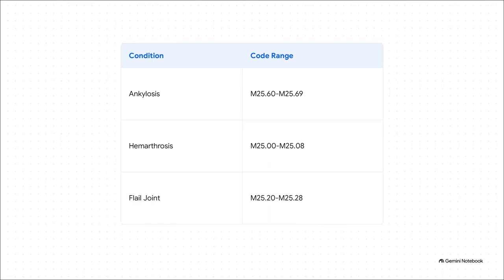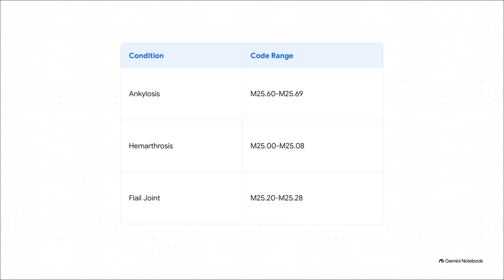Feel free to screenshot this mapping because it perfectly connects severe joint conditions to their exact M code ranges. First up, ankylosis, coded in M25.60 to M25.69. This is that severe stiffening and actual bony or fibrous fusion across a joint space, often secondary to advanced rheumatoid arthritis or severe trauma.